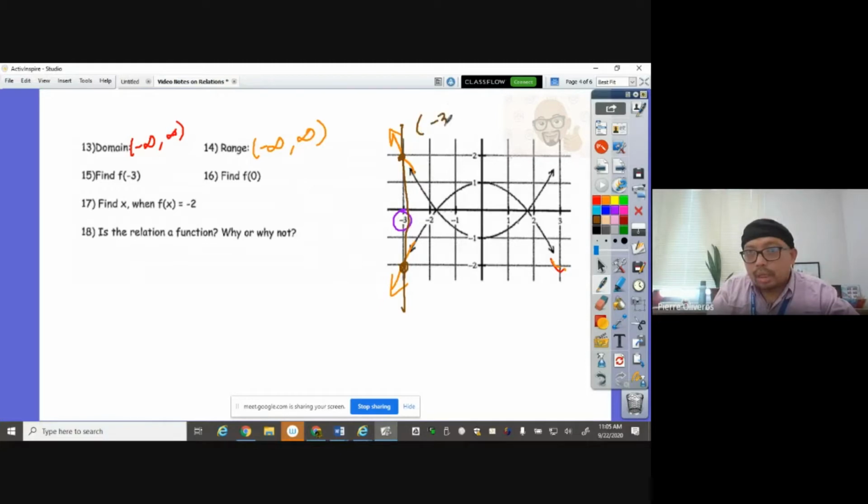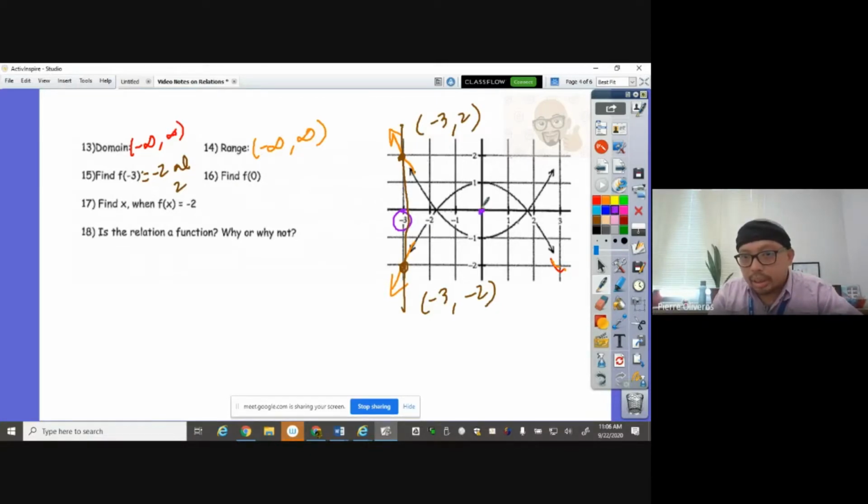Those 2 points are negative 3, comma, 2, and negative 3, comma, negative 2. So therefore, the values of f of negative 3 are negative 2 and positive 2.